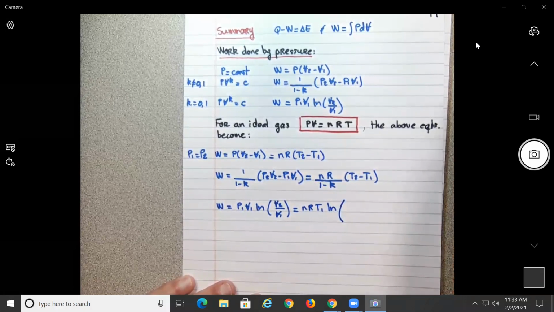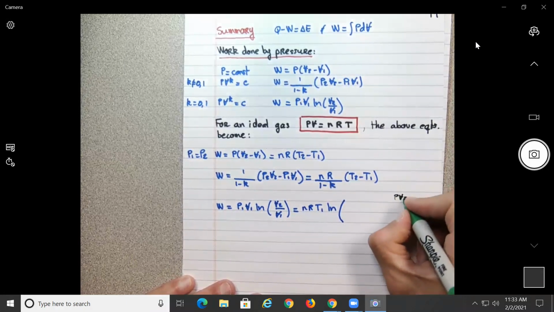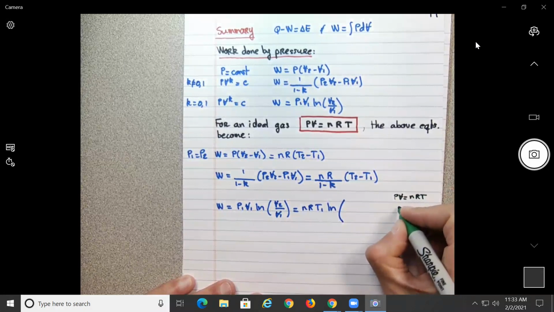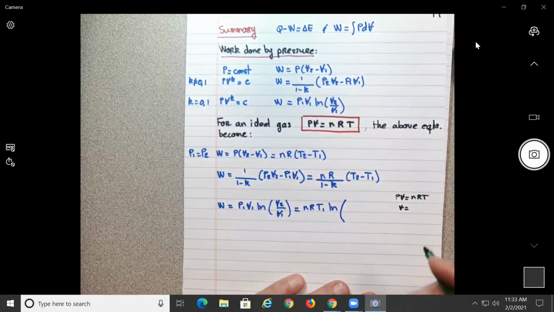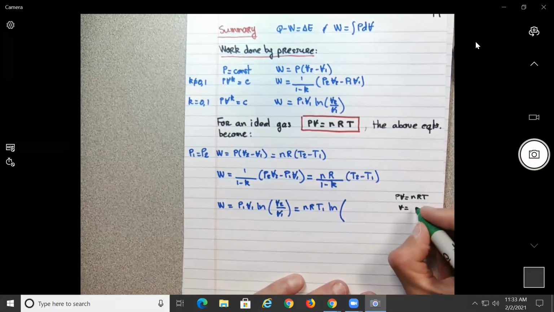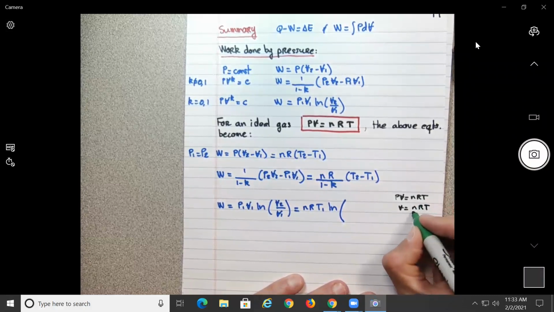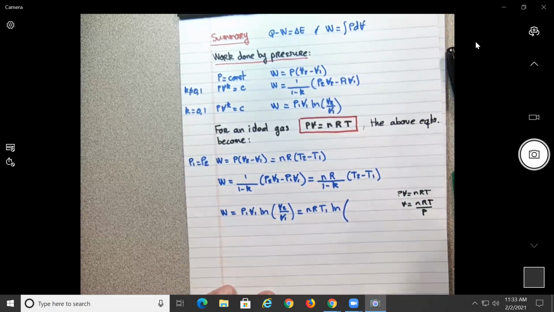So let's see. If we use the ideal gas relation, what do we have here? PV equals nRT, which means that V, I mean, we can keep V or we can write V. V will be equal to nRT over P, but adjusting is going to make it more complicated.